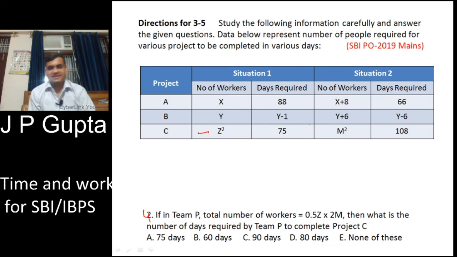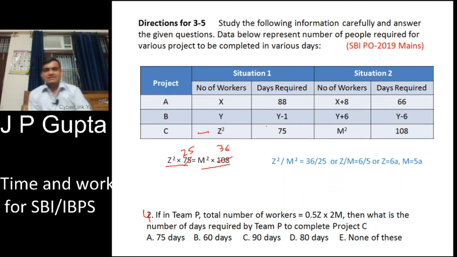And we can see again like the previous question, M1 D1 equal to M2 D2. So Z square into 75 equal to M square into 108. And again we try to simplify this first. So cancel by 3, it will be 25 and it will be 36.